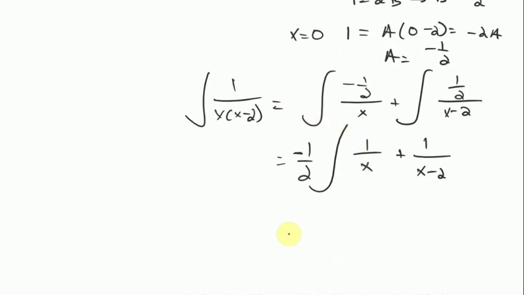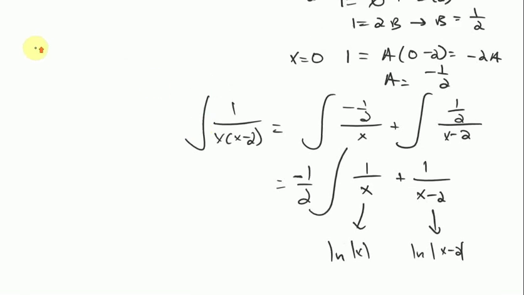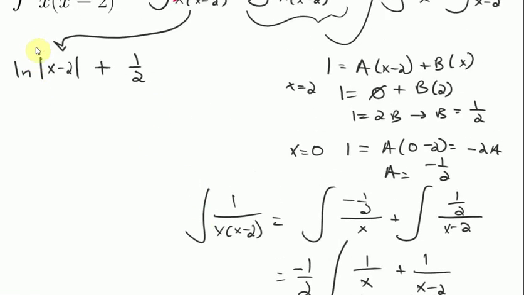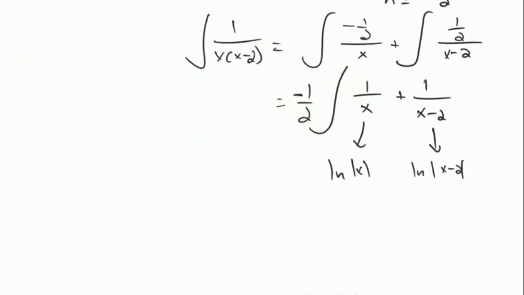Then we can just say, okay, well, if that's 1/2, we know that this over here will be ln absolute value of x. This over here will be ln absolute value of x minus 2. Then it's a little bit tricky because we forgot to actually take out this negative over here.